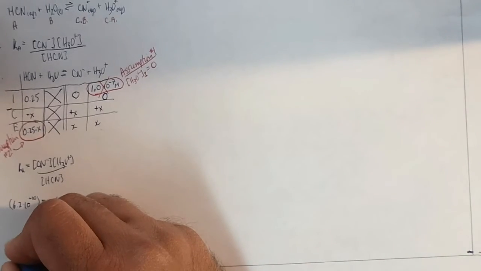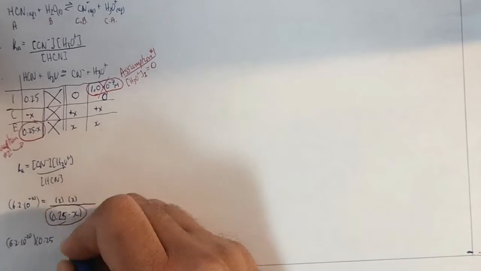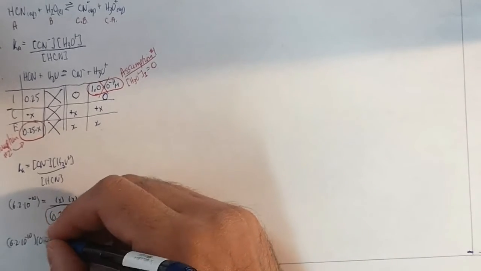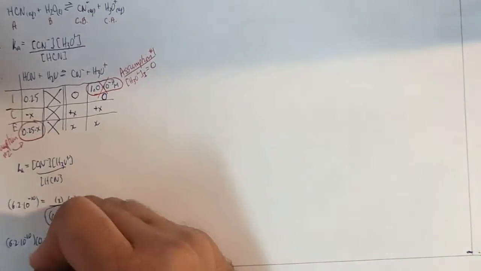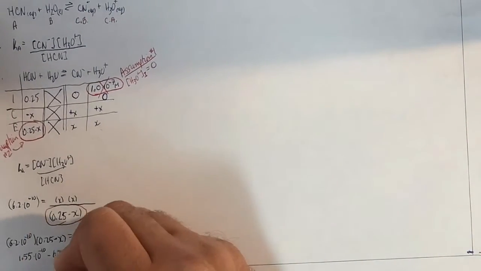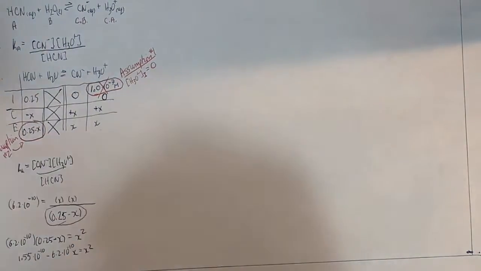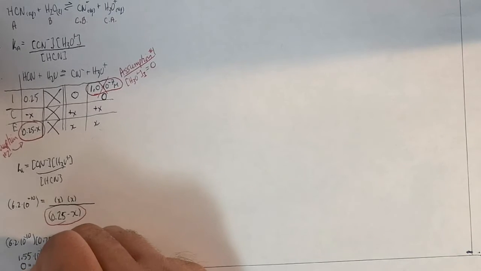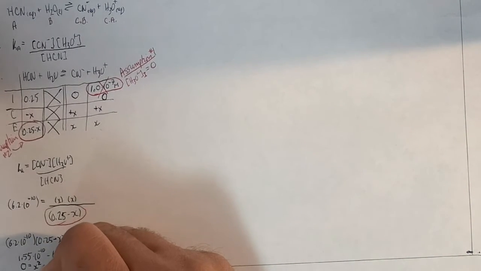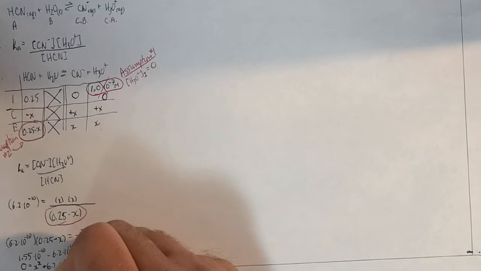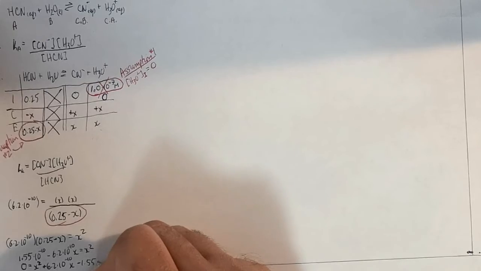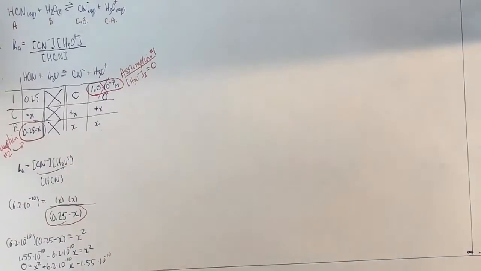If we simplify, 6.2 times 10 to the minus 10 equals x squared over 0.25 subtract x. We can change this around to read 0 equals x squared plus 6.2 times 10 to the minus 10 x subtract 1.55 times 10 to the negative 10.